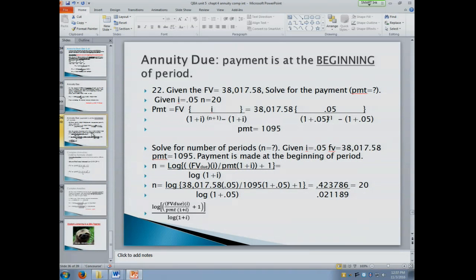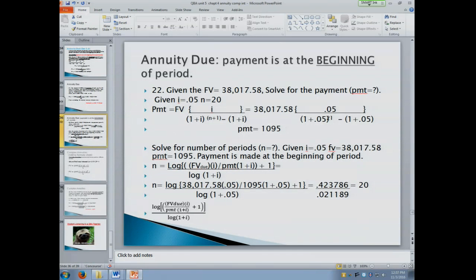Maybe you want to pay all your rent up front. Or you want to know what you owe in the future, and you want to know what the payment is. I apologize. So you go to your annuities due formula, given future value, substitute it in, and you find out your payment is $1,095.